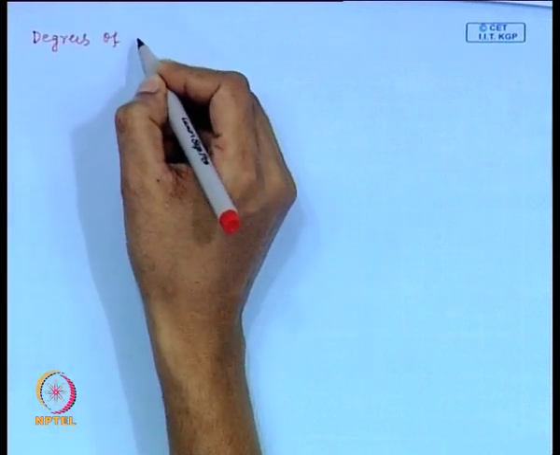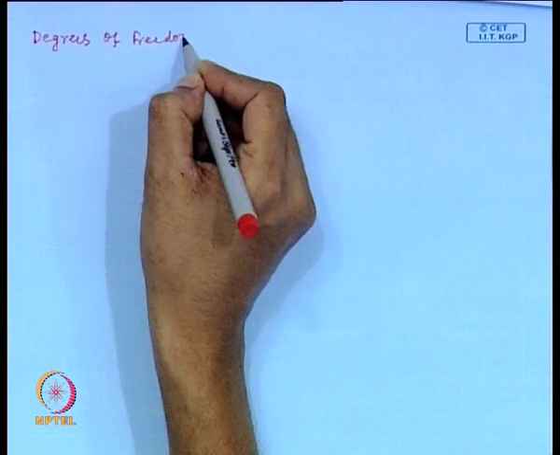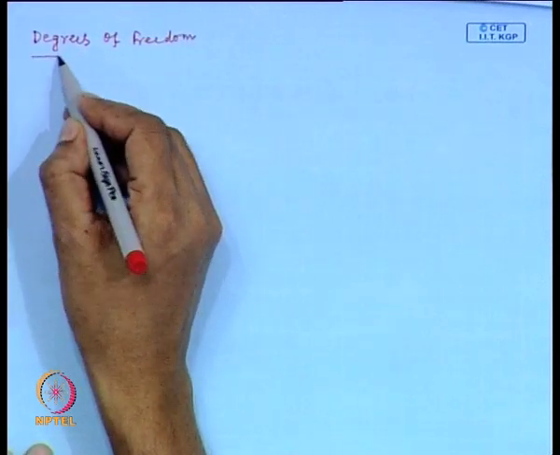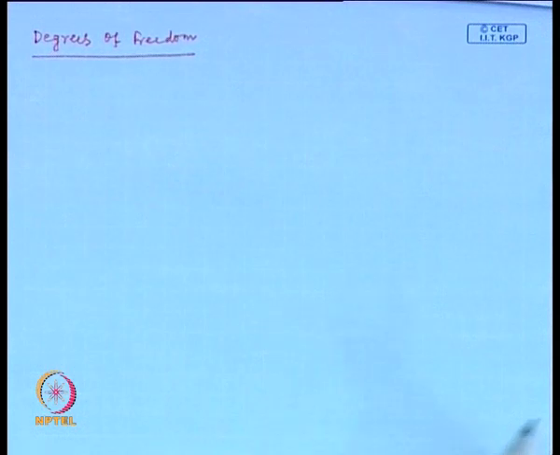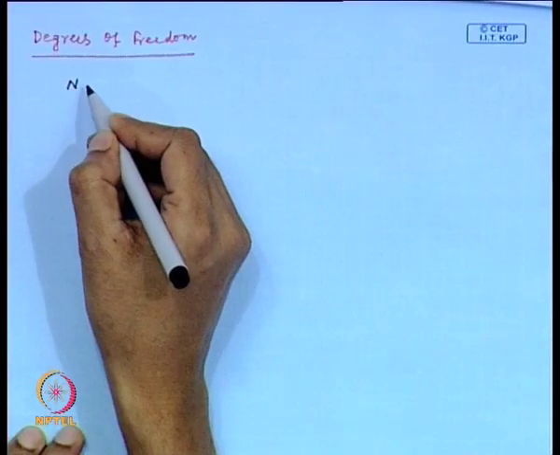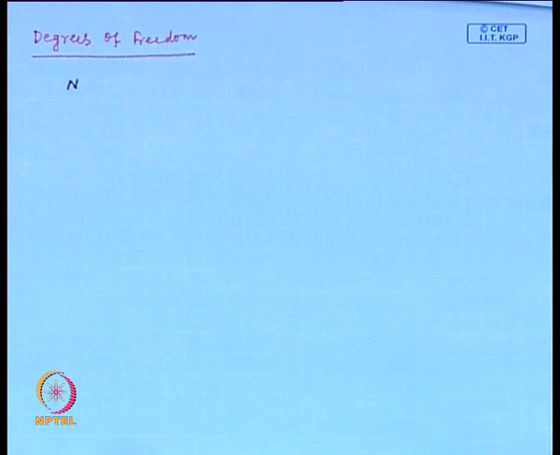Degrees of freedom. Now, here we will consider one example, although we have considered for the previous in the development of the distillation model, that is N. N is basically the total number of trays excluding condenser and reboiler. Fine. We will use this nomenclature, we will use this notation in the degrees of freedom analysis.